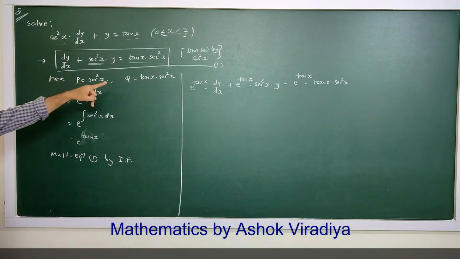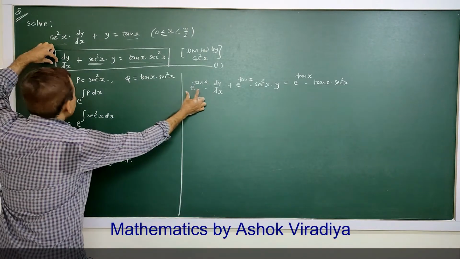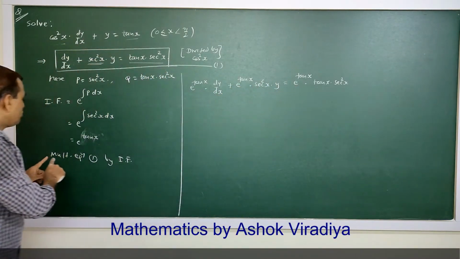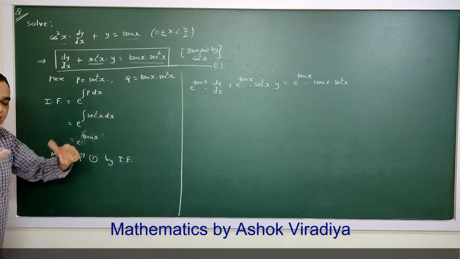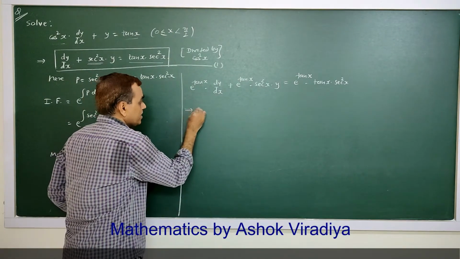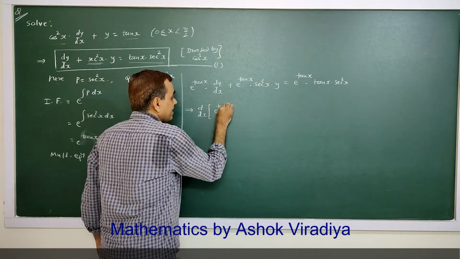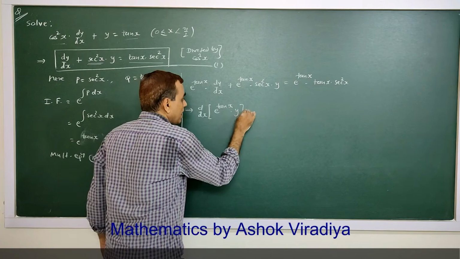So equation 1 is multiplied by e raised to tan x, the integrating factor, and the immediate next step is always d by dx of integrating factor into y.